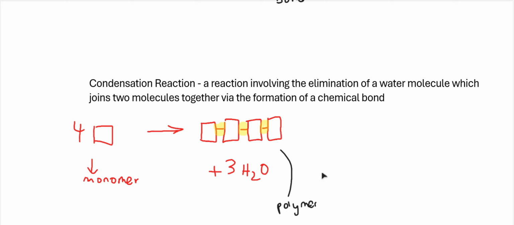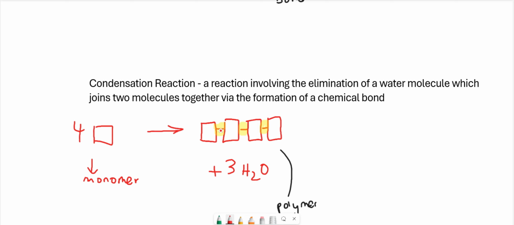Now, you may say, fair enough, we've joined these monomers to form the polymer, but why do we have free water molecules formed? Well, how many bonds have we actually created between these four individual monomers? We've created one, a second one, and a third one.